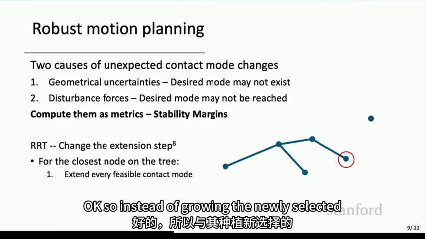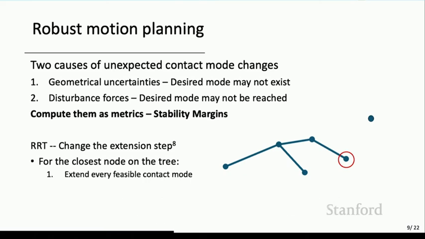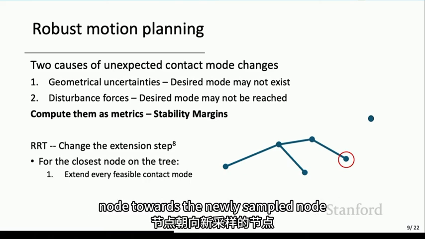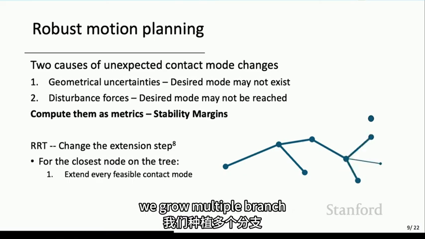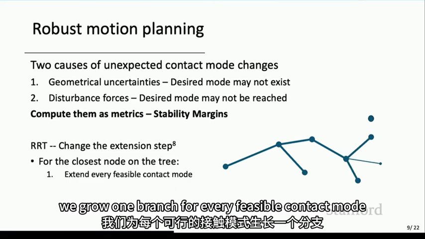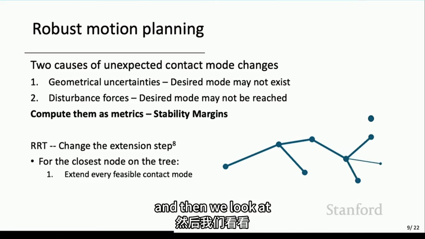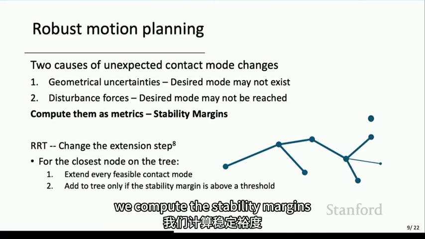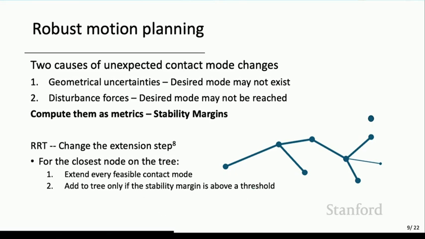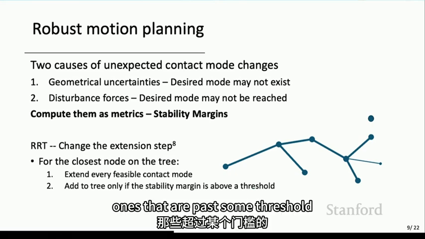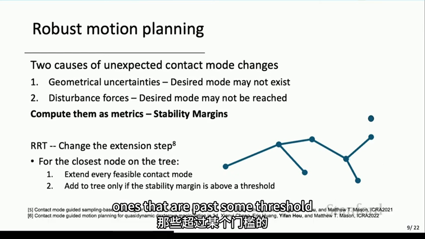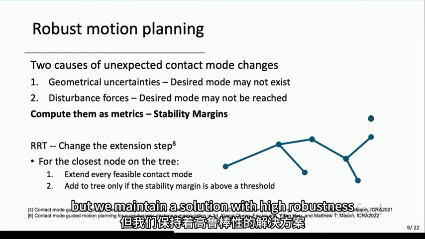Instead of growing the newly selected node towards the newly sampled node, we grow multiple branches, one branch for every feasible contact mode. Then we compute the stability margins for the newly sampled branches and only keep the ones past some threshold. This way, we essentially do sampling-based planning, but we maintain a solution with high robustness.